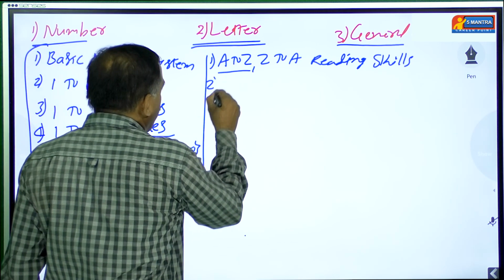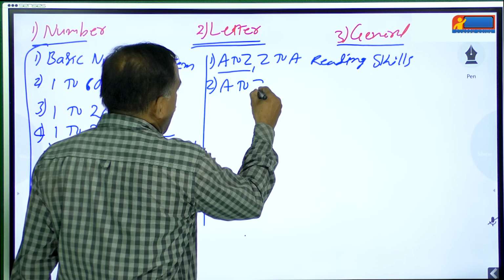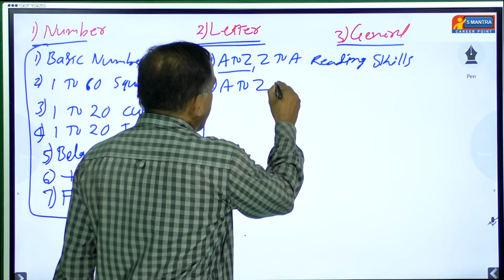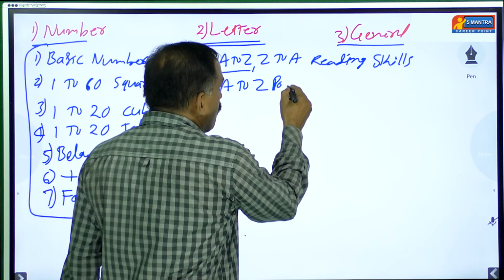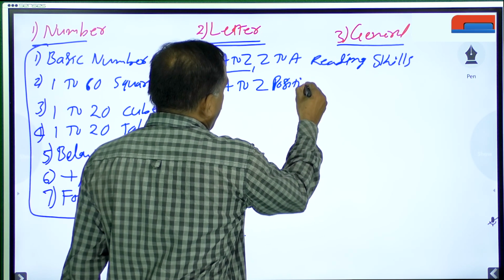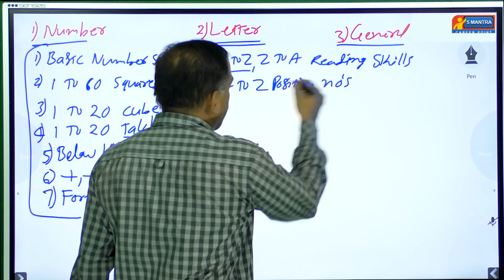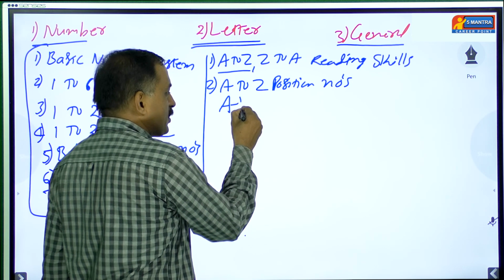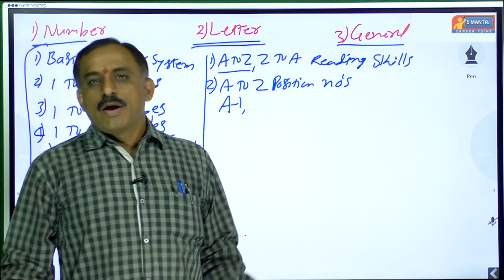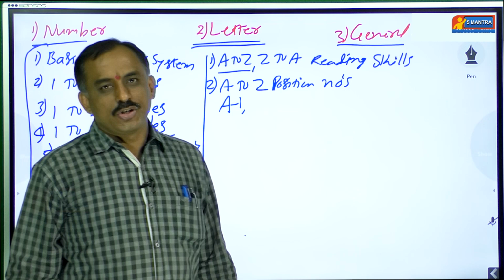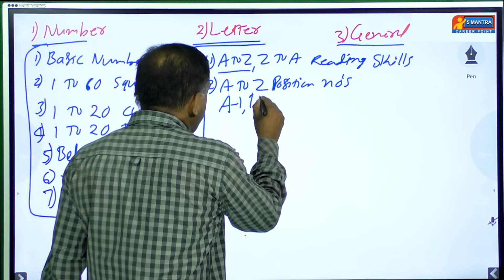And the second one, A to Z alphabets position number. What is the meaning of position numbers? In English, A is the first letter. Therefore, its position number is 1. And B is the second letter.